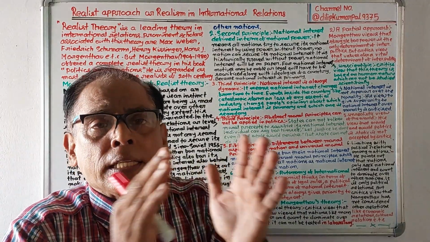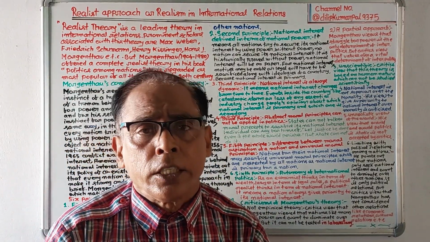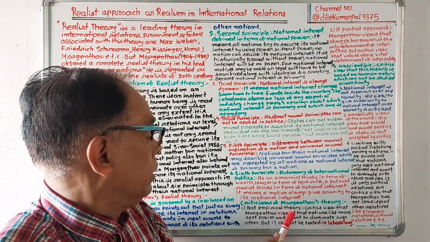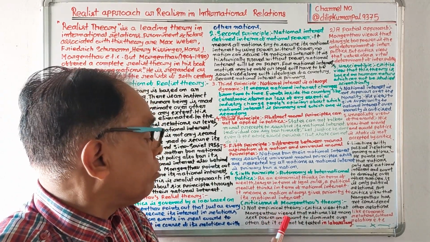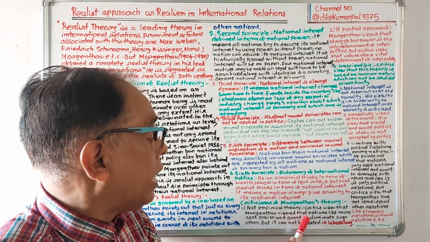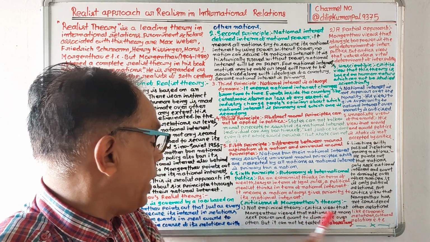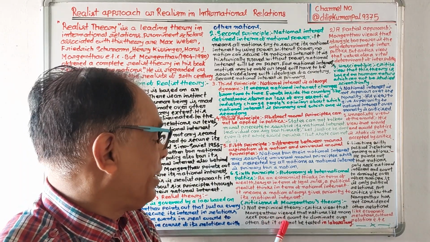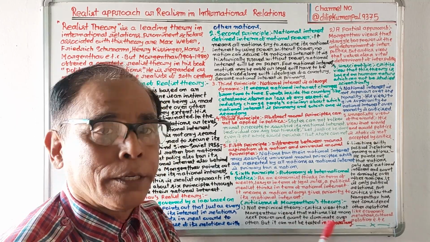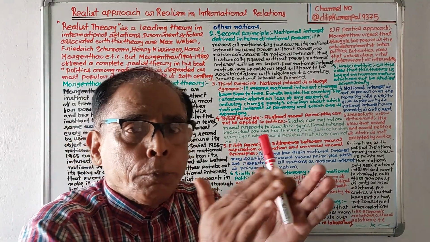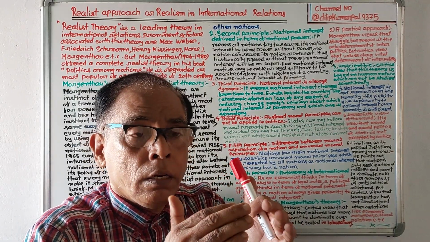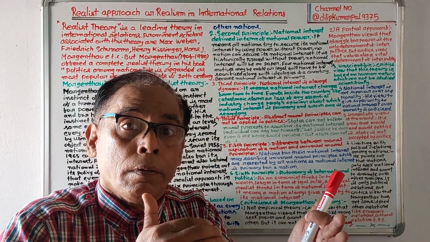Now let us discuss the criticisms of Morgenthau's realist theory. Number one, not an empirical theory. Critics view that Morgenthau holds that nations, like men, seek power and want to dominate others, but this cannot be tested in a laboratory.